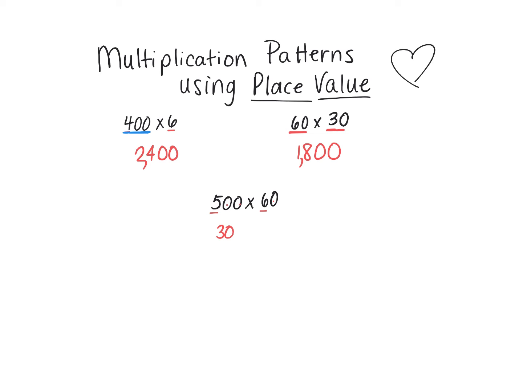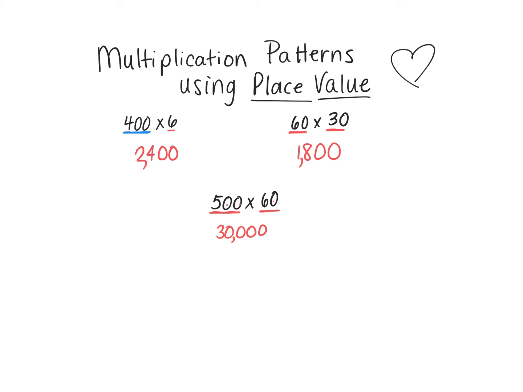But that's not going to hold true this time. I still want to think about this: 500 is 100 times bigger than 5, so I need 30 to be 100 times bigger, which is 3,000. 60 is 10 times bigger, so I need this answer to be 10 times bigger, which is 30,000. So I have more than just 3 zeros in my answer, so I want to be careful of that.